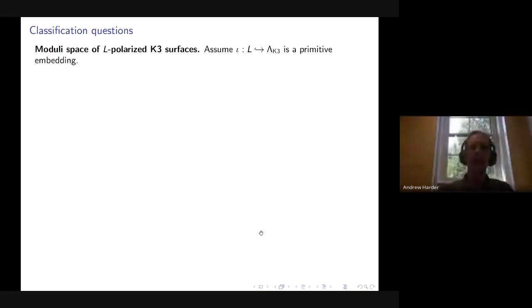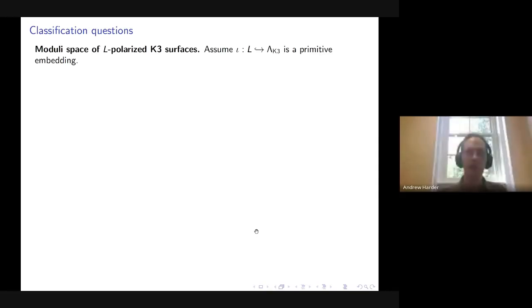So let's assume that I have a lattice polarization. I actually called this something else in the previous slide. Anyway, this is my primitive embedding iota, a map to the K3 lattice. Take just this raw data to begin with, and we want to classify all of the K3 surfaces for which this L lives inside of the Picard lattice.